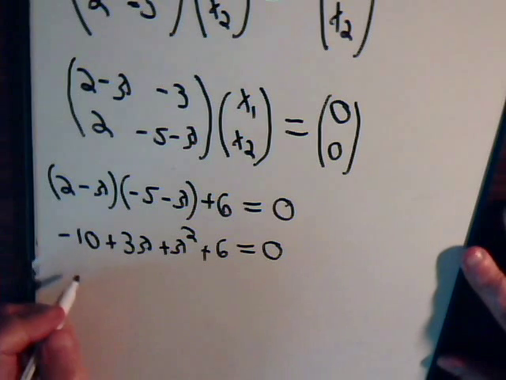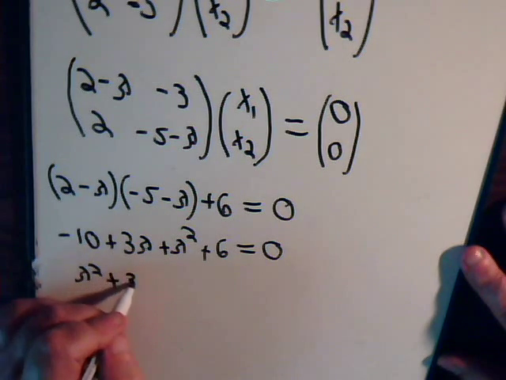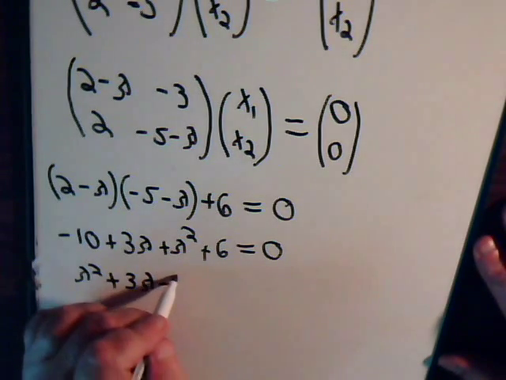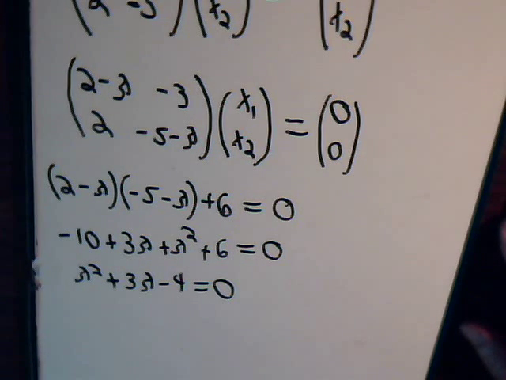So we have lambda squared plus 3 lambda minus 4 equals 0. And we should be able to handle this pretty easily.